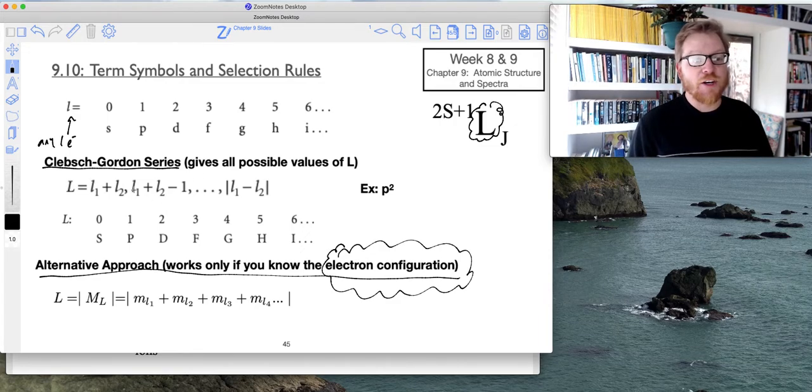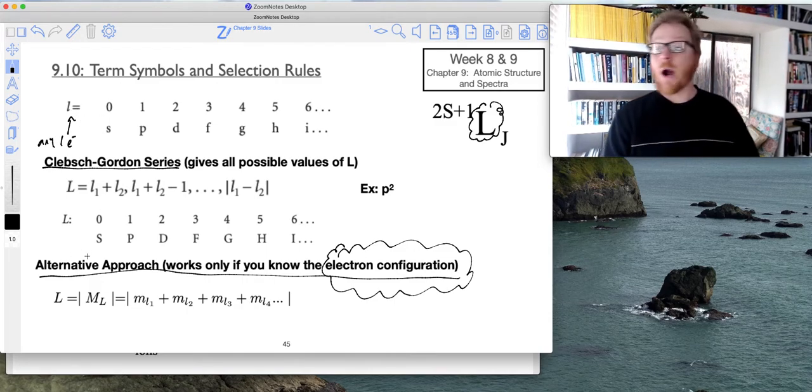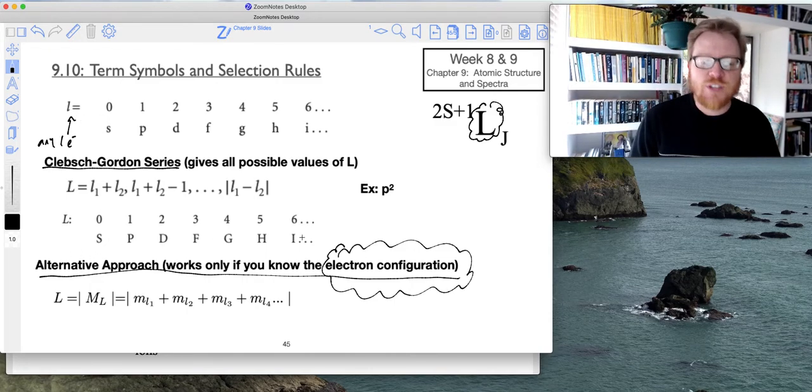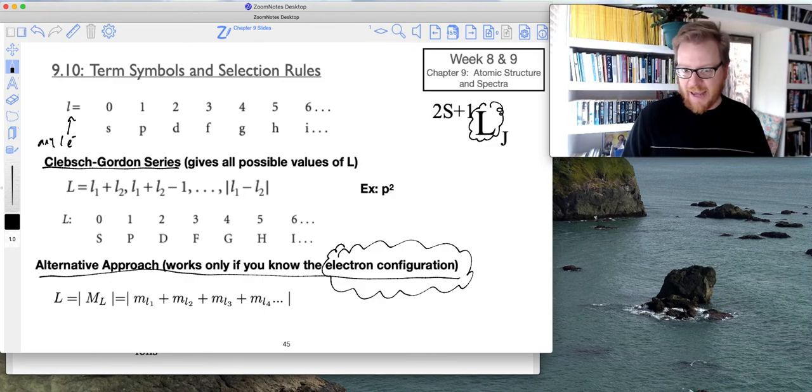Depending on the number that we get, if we get a total capital L to be 0, we use a capital S. If we get L to be 1, we use a capital P, and then a capital D, and so on. So it mirrors the lowercase l. However, this is our total L value, and we use uppercase letters to indicate that.